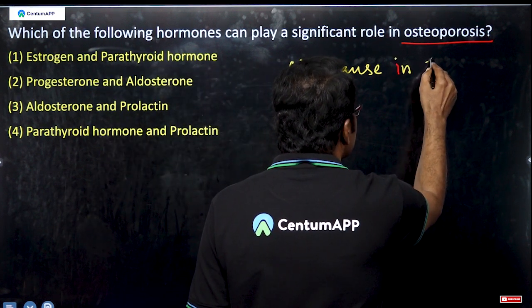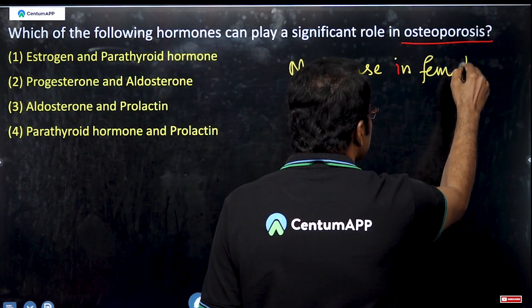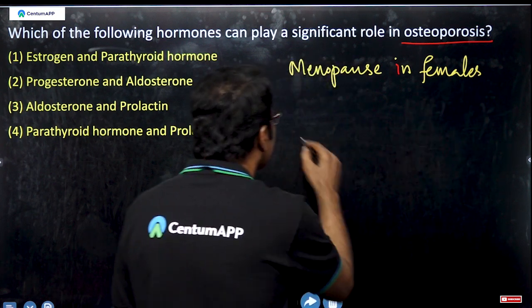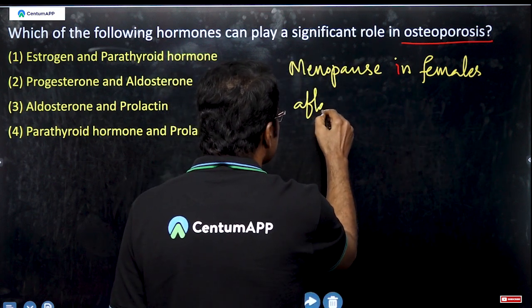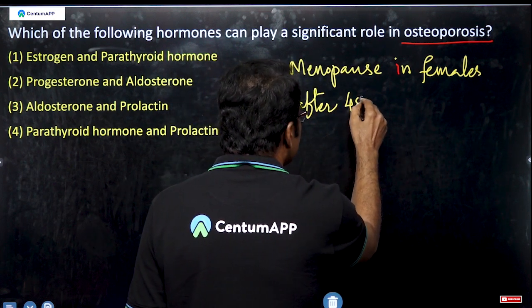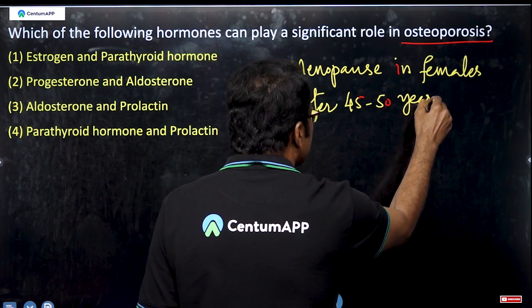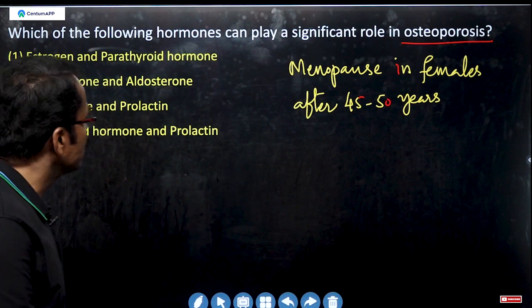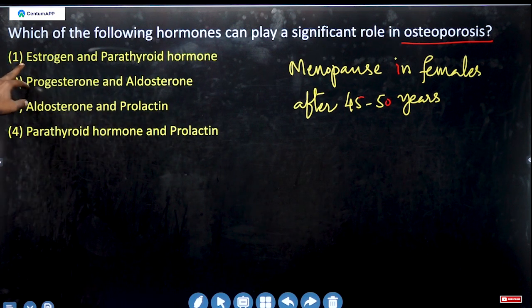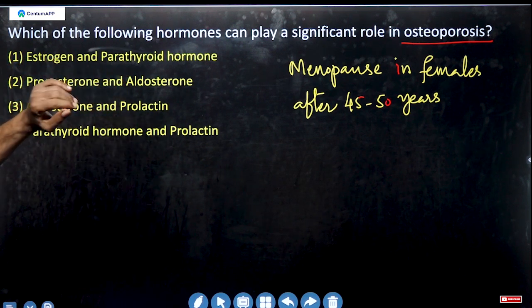Menopause in females occurs after 45 to 50 years, right. So, the first option is estrogen and parathyroid hormone.